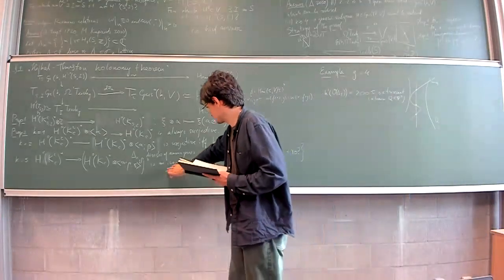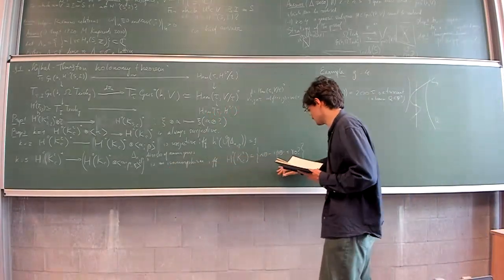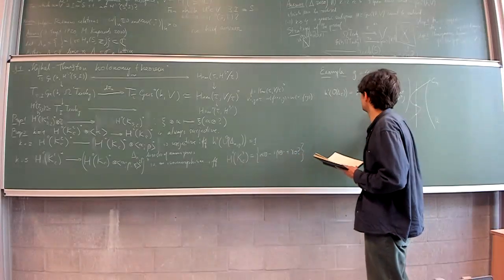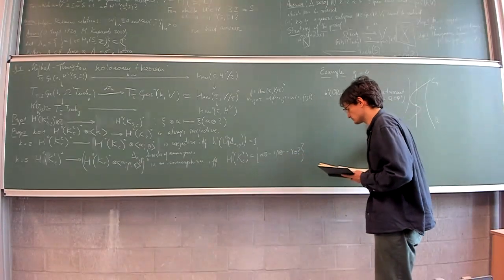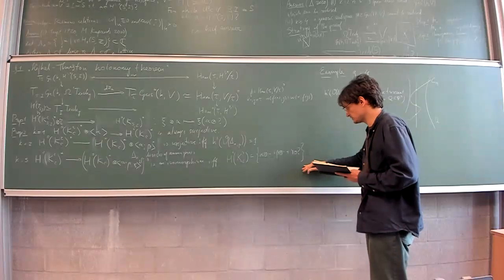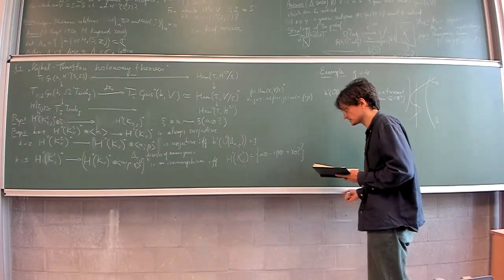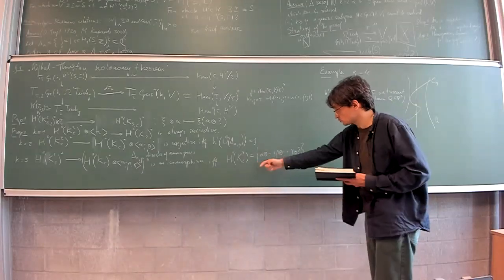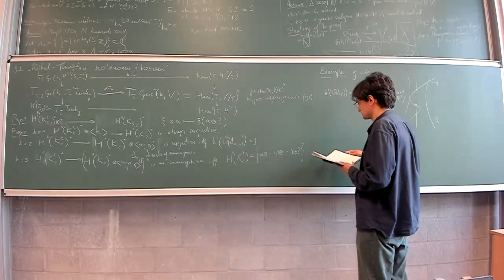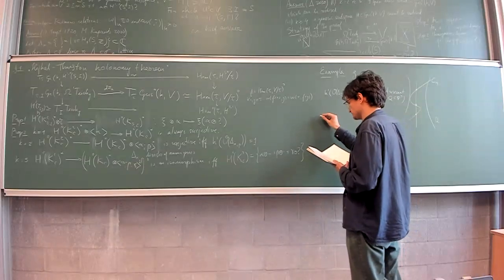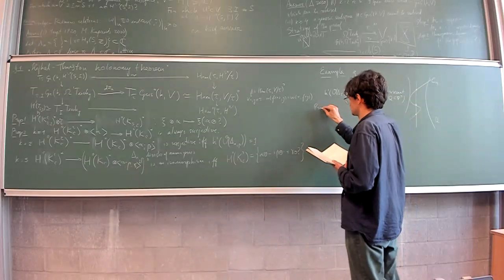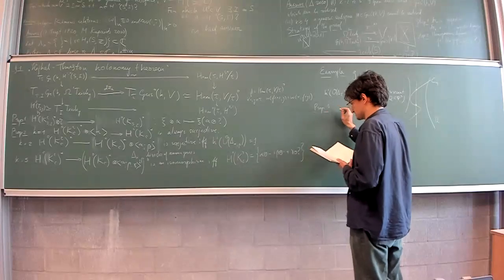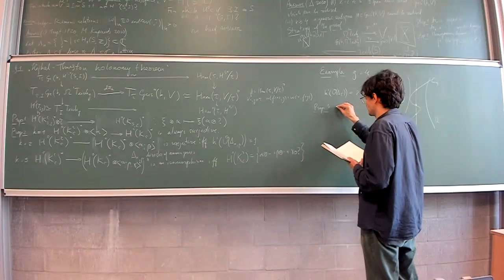Actually, let me prove that in this case we may find a triple of one forms which spans the space of quadratic differentials. Let me promote it as proposition 3.